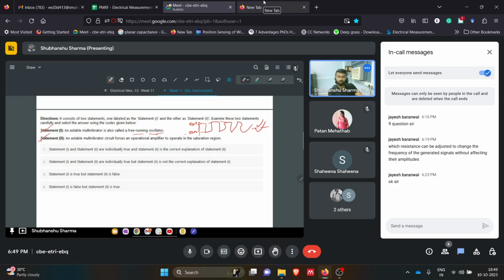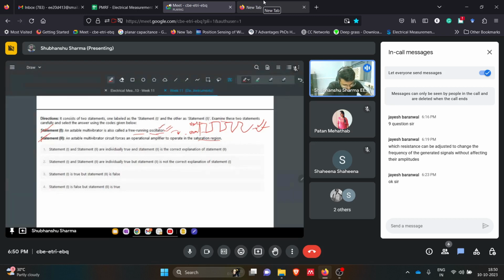Now the next question: whether the first statement is the correct explanation for the second or not. That is the point of thinking. We know that it is a free running oscillator, that is fine, but the op amp is getting saturated because we have given a positive feedback.